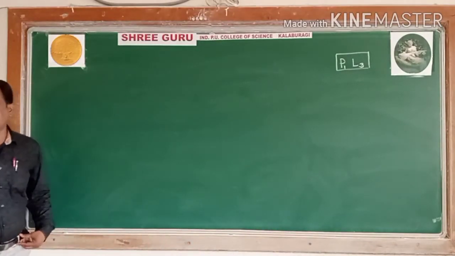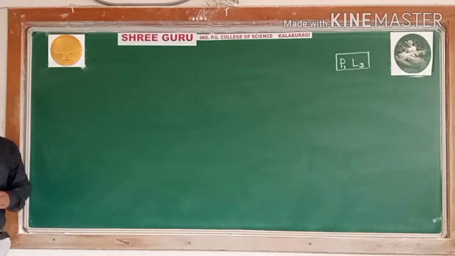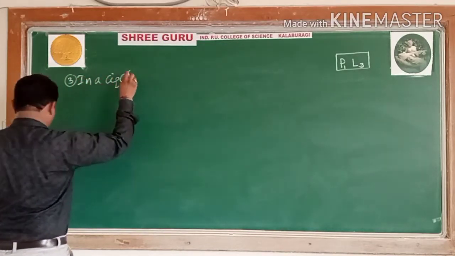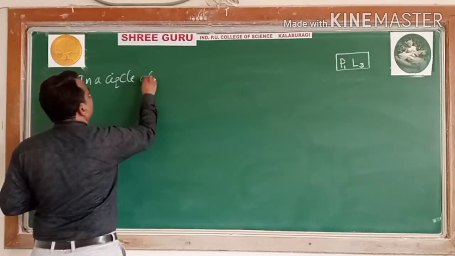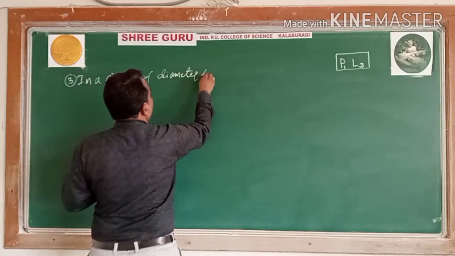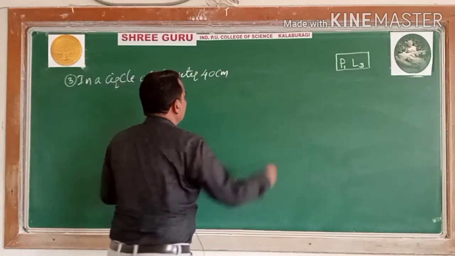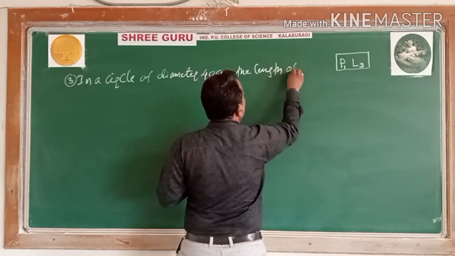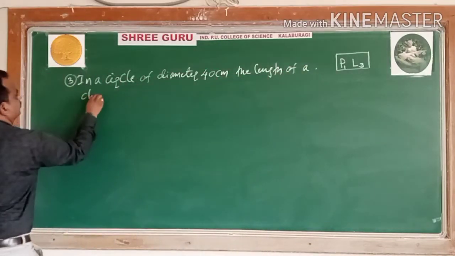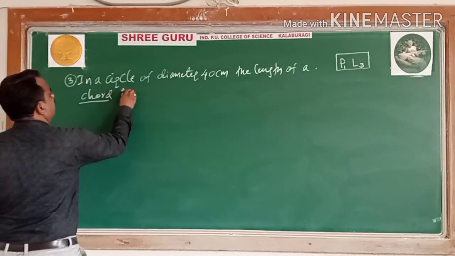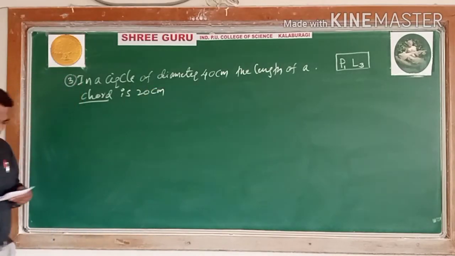Now see the third example, students. In a circle of diameter 40 centimeter, the length of a chord is 20 centimeter.